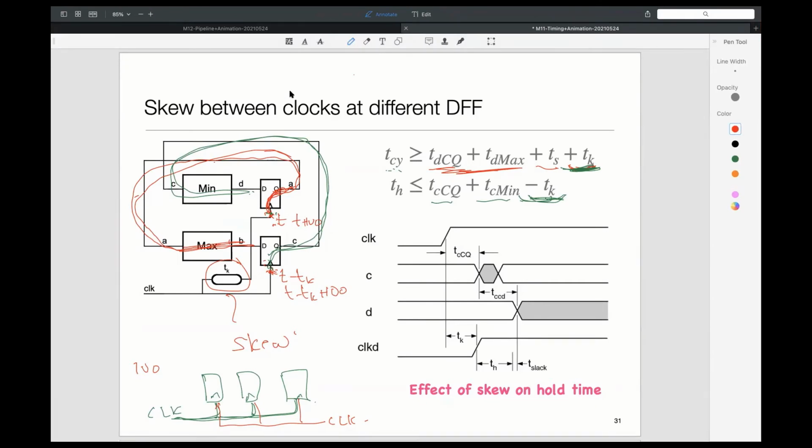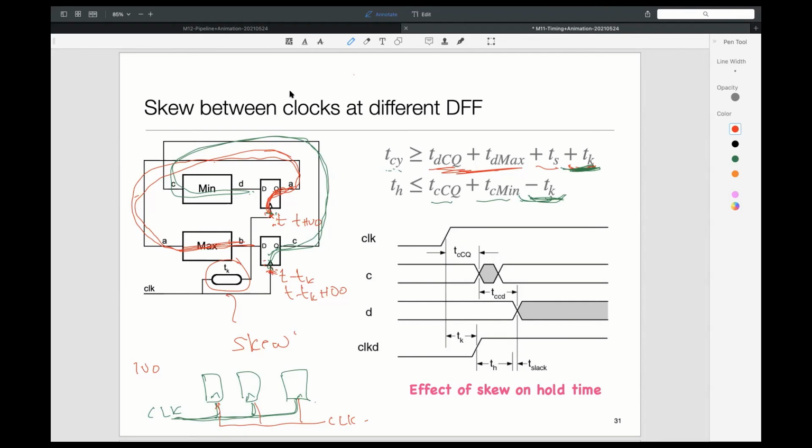Okay, let's resume. I'm going to walk over this slide again. The challenge that we are facing here, and now I'm going to refer to the timing diagram, is that the clocks are reaching at different times at the two flip-flops.